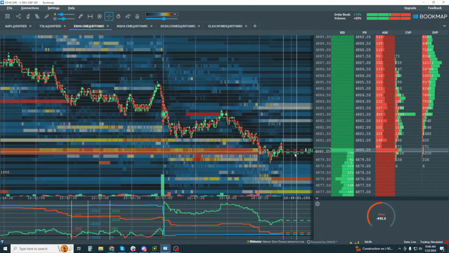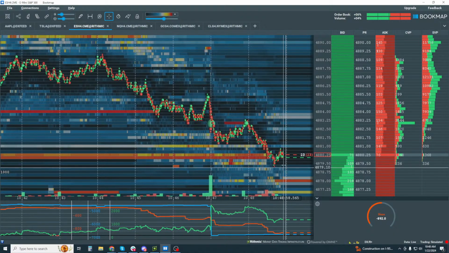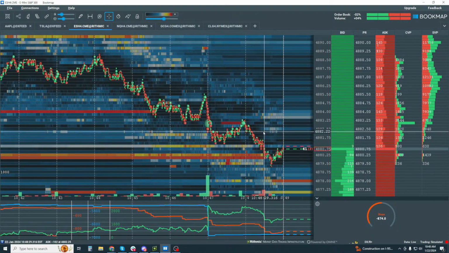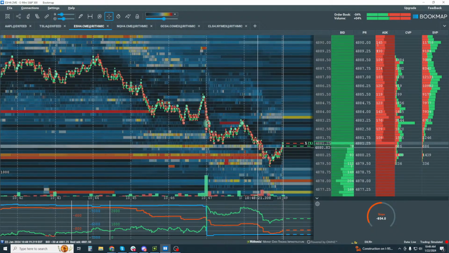Let's see if we get a bit of a pullback here, maybe back up to about 82.